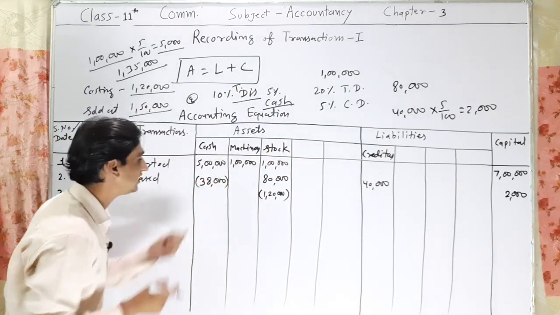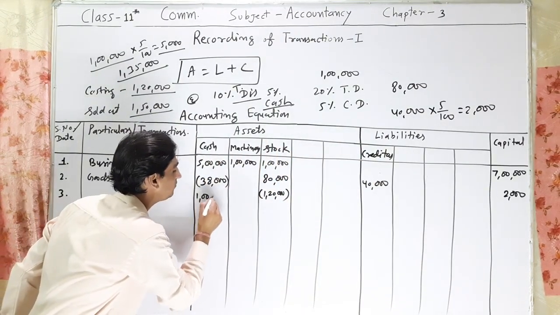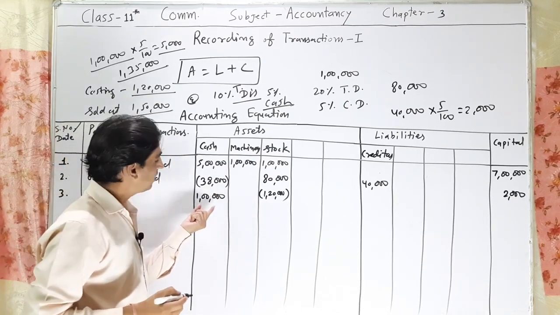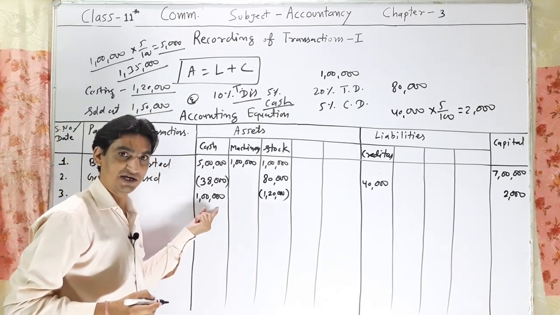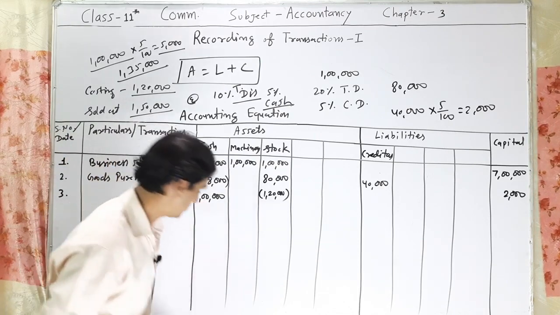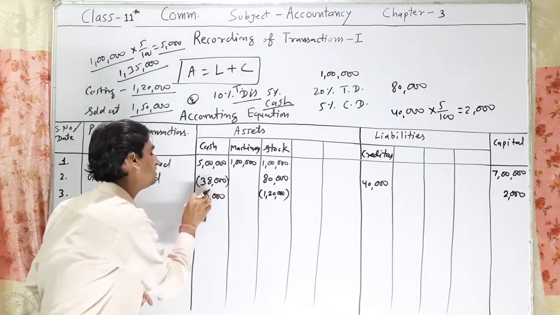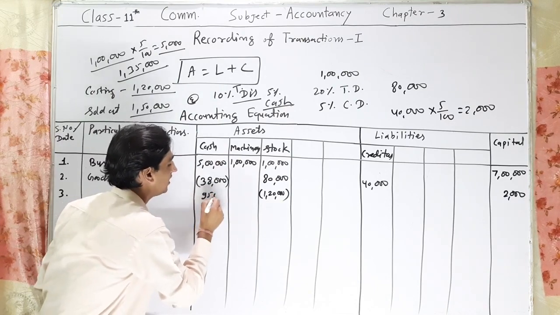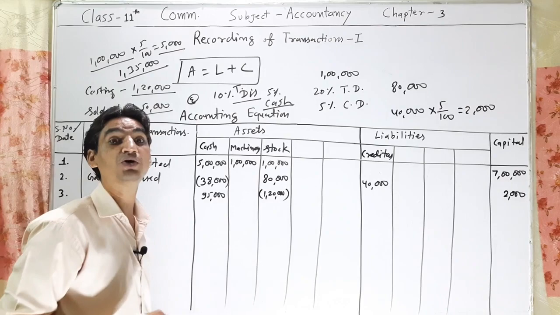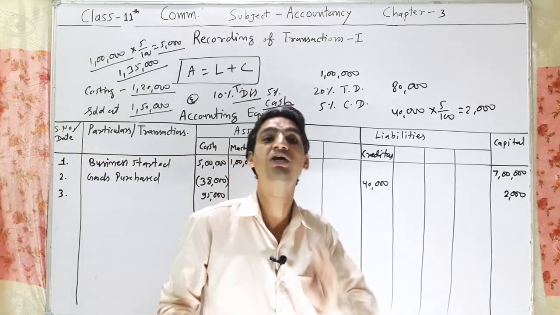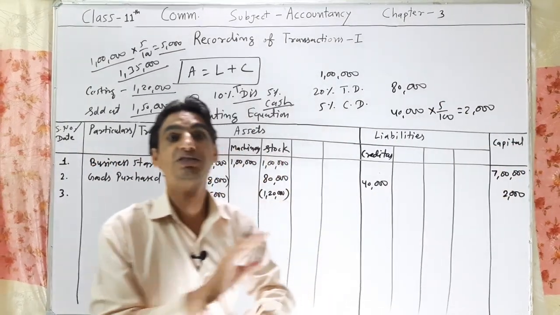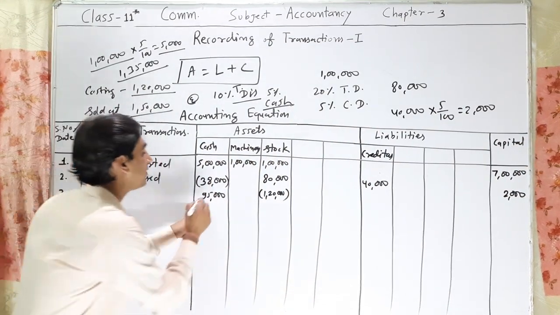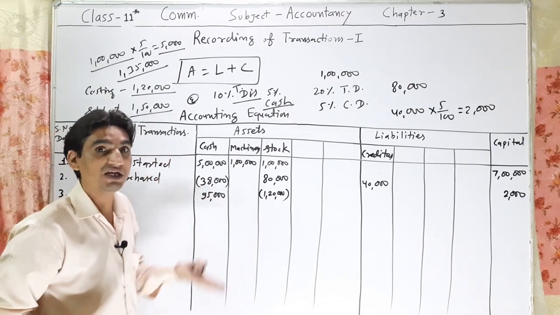Sorry, your cash balance will be increased by rupees 95,000, because 5,000 we have allowed as a discount. This discount will not be received by us. 95,000 cash balance will be increased.